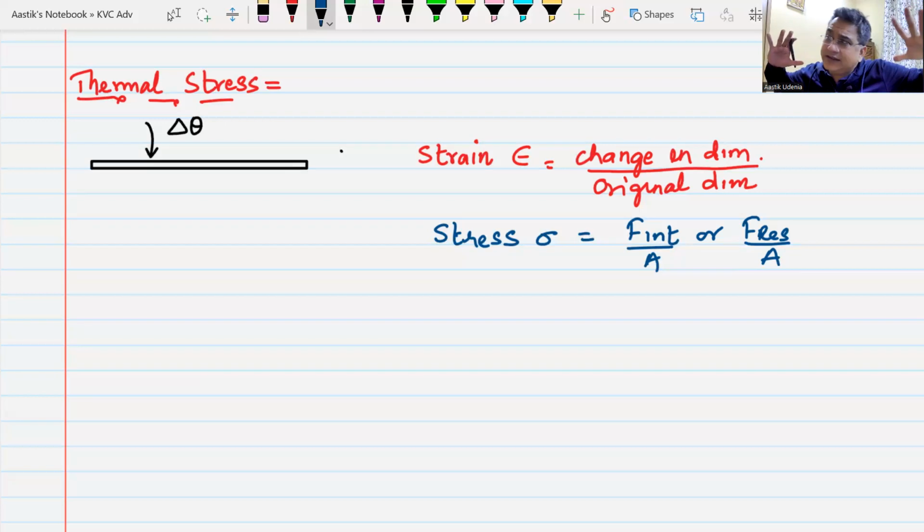When you exert forces on a body, that force does not create stress. That force creates what? Strain. And because of that strain, the internal forces start to act and try to bring the body back. So strain creates stress. Stress does not create strain. So strain is the independent variable. Do we understand this?